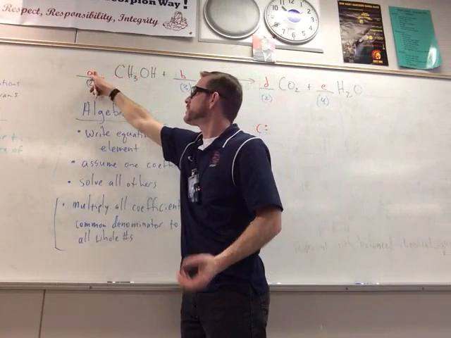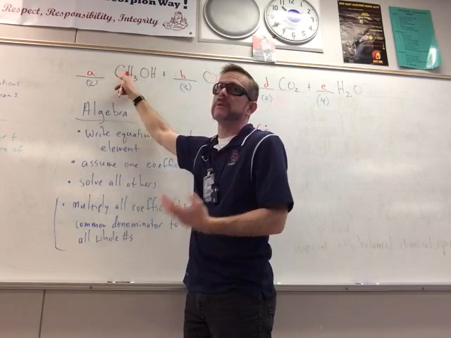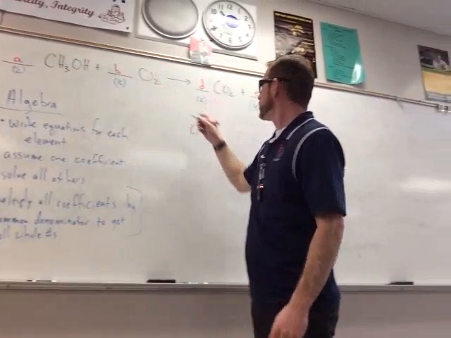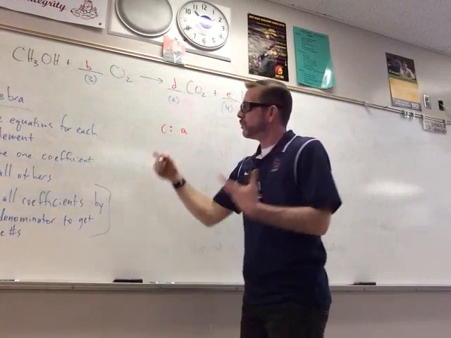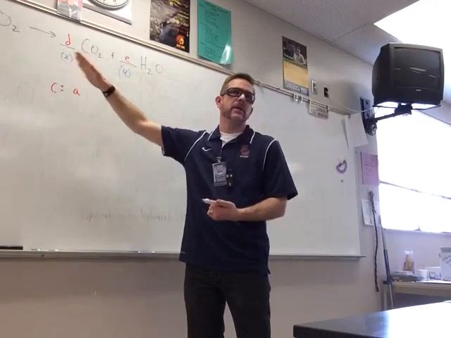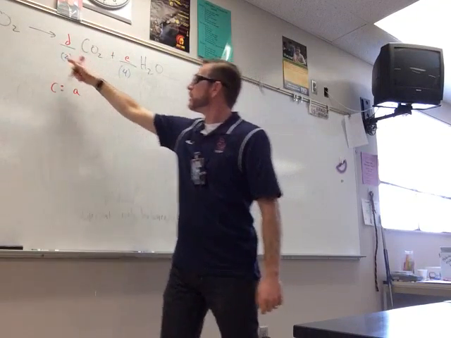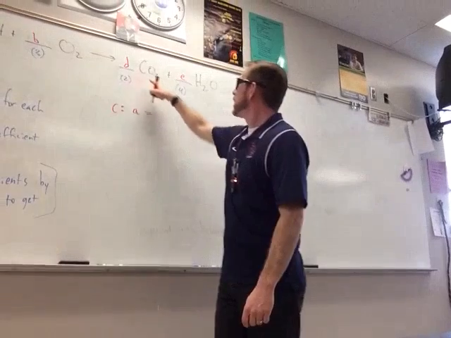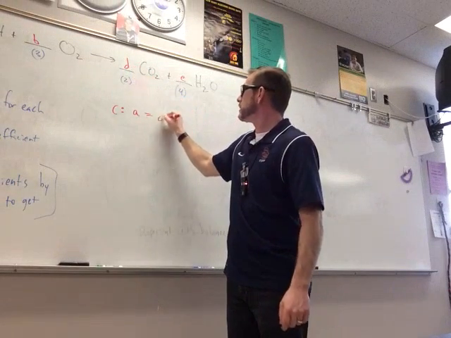Because if this is 2, then I have 2 particles, and each particle has one of those pieces in there. So whatever that coefficient is, I have A atoms of carbon on the left side. Equals, on the right side, D.